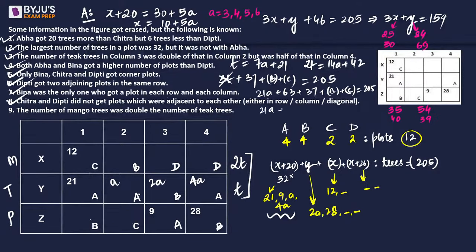So 21a plus b plus c is going to give us 105. Here, if you notice, if you make the value of a 5, then b and c become 0. So it means that we can't put the value of a as 5 and beyond.